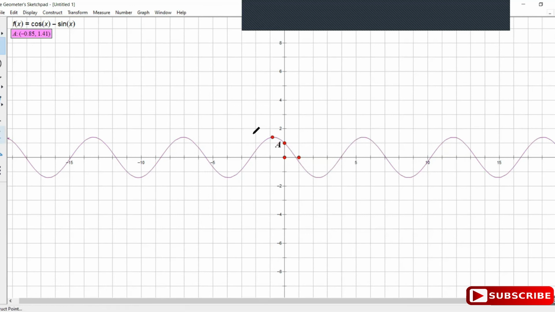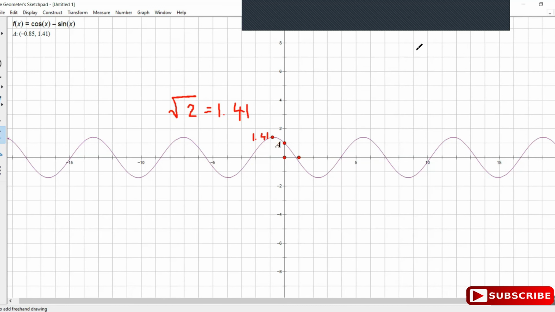And this y value is 1.41. And that 1.41, I guarantee you that the square root of 2 is 1.41. So that's the maximum y value. All right, so that indeed shows that the maximum value is 1.41, which is root 2. That would be the maximum value for f of x.